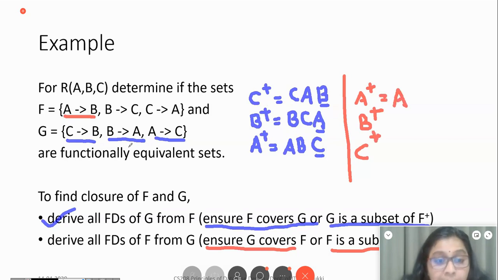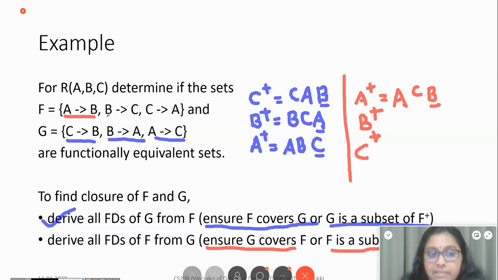And remember, this time, in order to find the attribute closure, you look at the FDs in the set G. So A is already a member, A determines C, so C becomes a member, and then C determines B, so B becomes a member, isn't it? And on my right-hand side, I had a B. So this is true. This FD can be inferred from G.